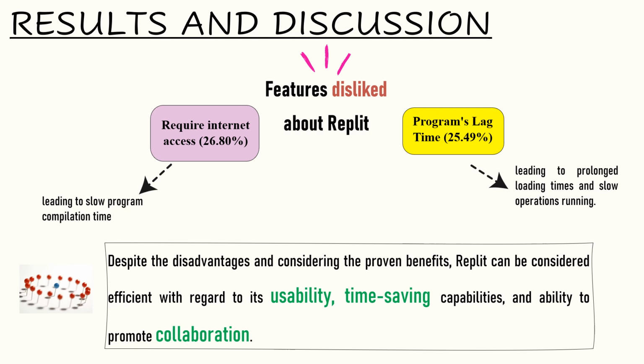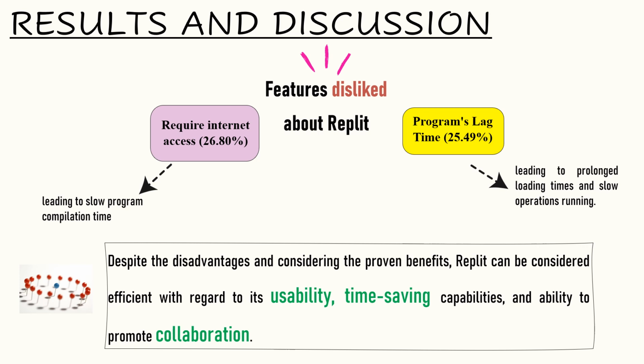The item in question has garnered attention due to the study findings, which indicate that 26.80% of respondents expressed dissatisfaction with this aspect. Meanwhile, 25.49% of respondents reported experiencing program lag, leading to prolonged loading times and slow operations running.